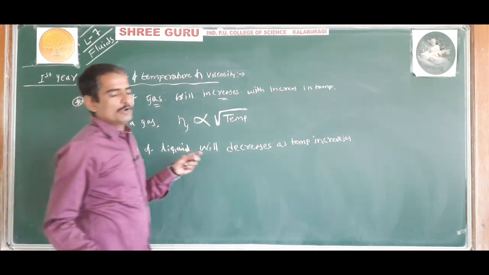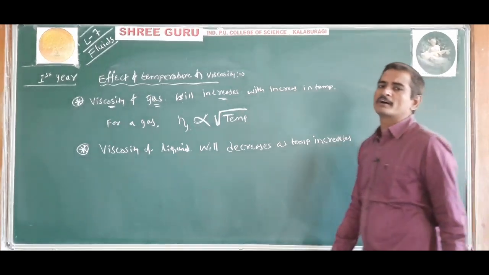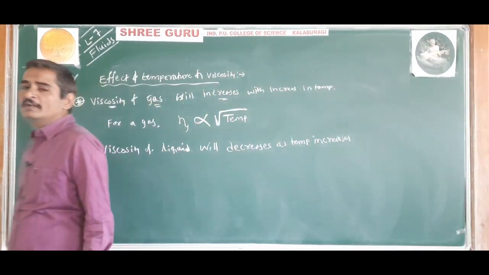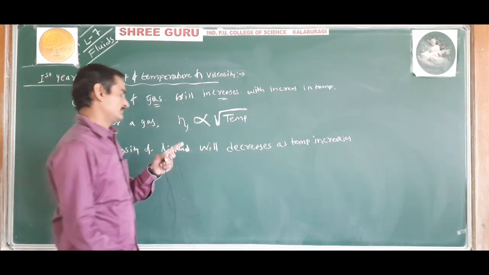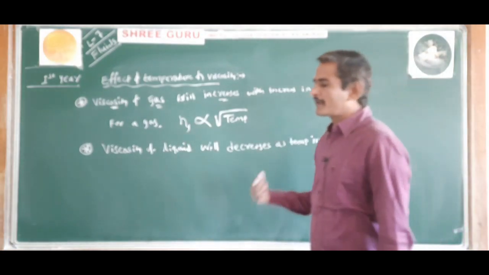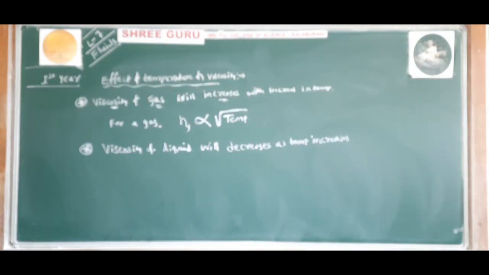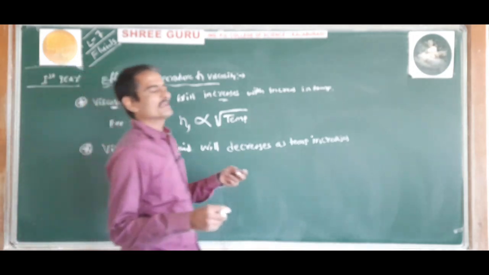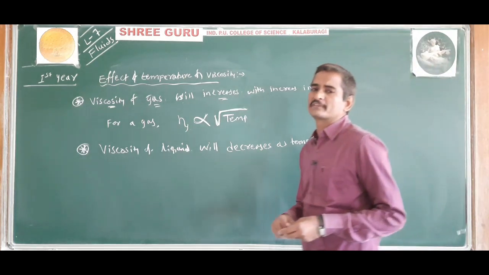Once again, viscosity of liquid is due to the cohesive force among the molecules of the liquid. Now, as the temperature increases, the kinetic energy of the liquid molecules increases. Hence, the interatomic distance will increase, that is, the cohesive force becomes weaker.